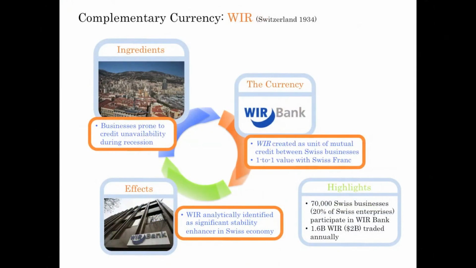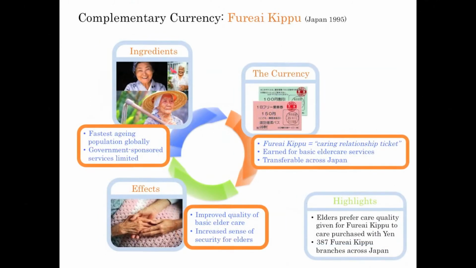The common trait we want you to notice for the moment is that each of these complementary currency examples begins with a set of ingredients, which comprises a set of unused resources and unmet needs in a particular community. The currency itself is designed specifically to catalyze this set of unused resources and unmet needs to come together to produce some desired effect.